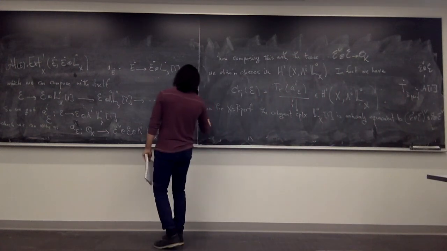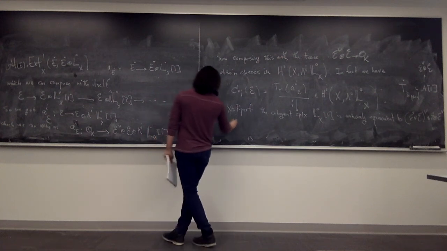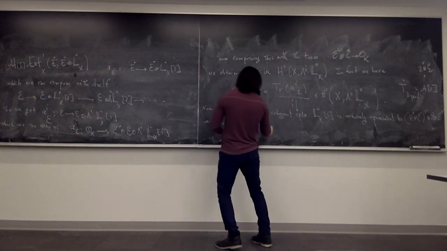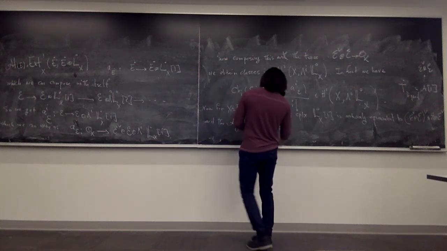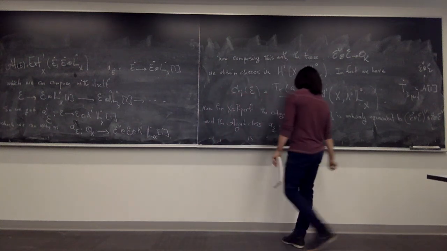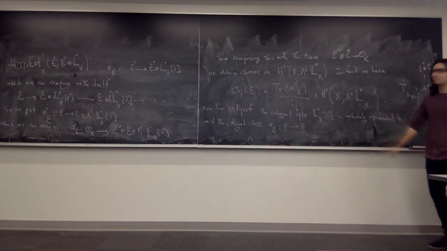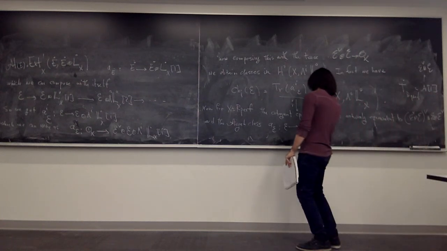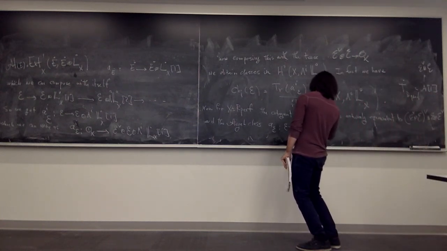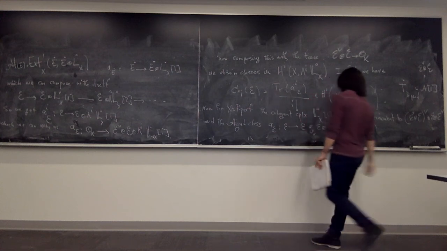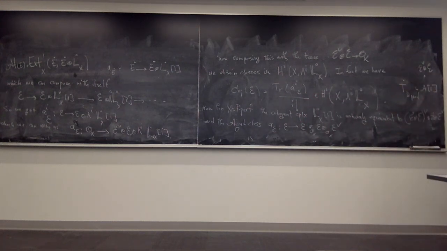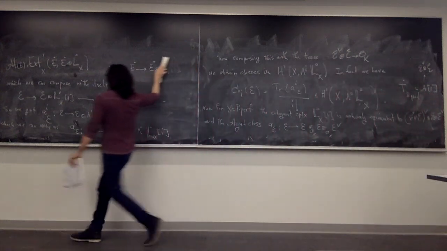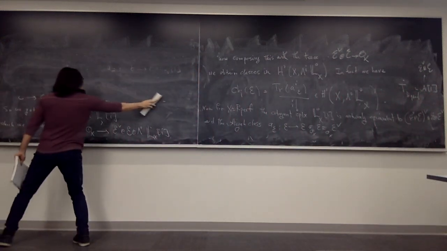And the ideal class is a map from E to E tensor the cotangent complex shifted by 1, but I'm going to replace it with this one. Really beautiful. Simplifies things big time.